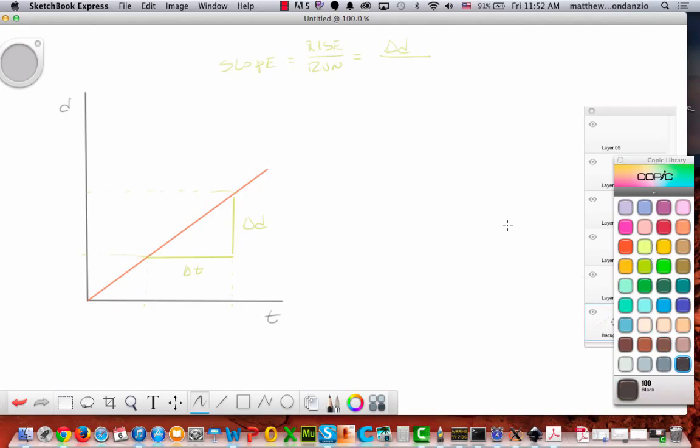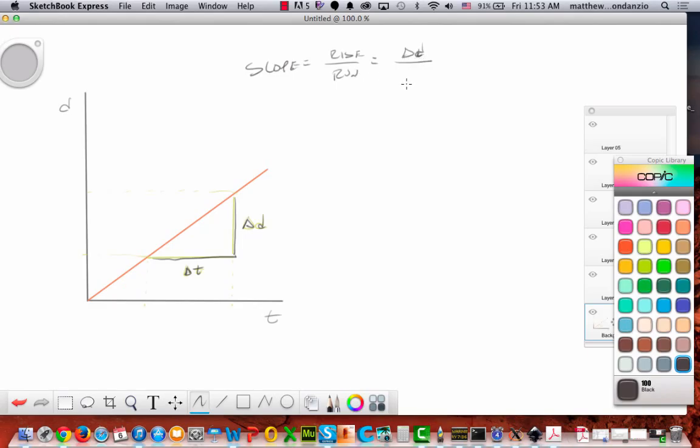Okay, I'll change the color. So my slope is equal to my rise over my run. And what's my rise? Delta D, delta distance.